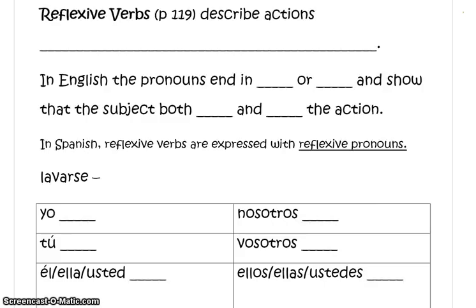A reflexive verb is a verb that describes the action that is done to and for oneself. Meaning that one person both does and receives the action.